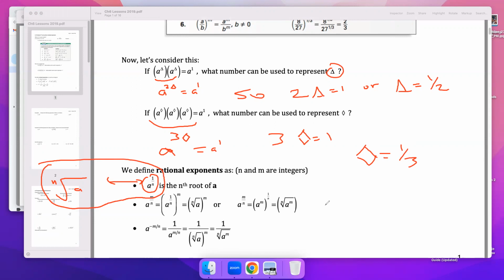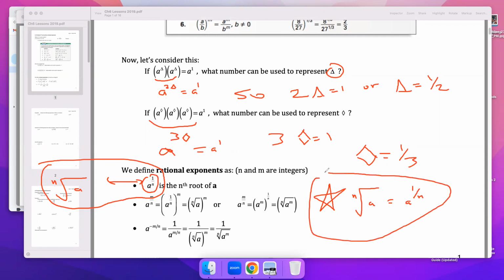So the nth root, this is really the key concept right here. I'll put in a little star here. The nth root of a equals a to the 1 over n. That's the whole essence of this lesson today.